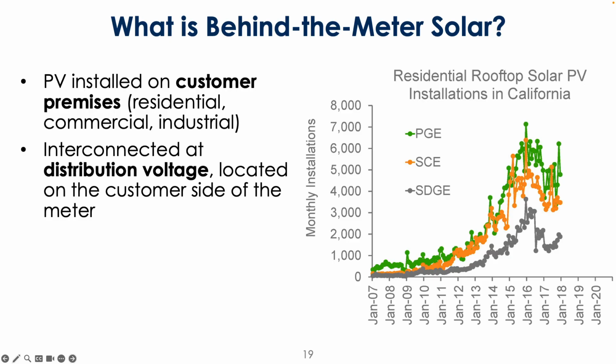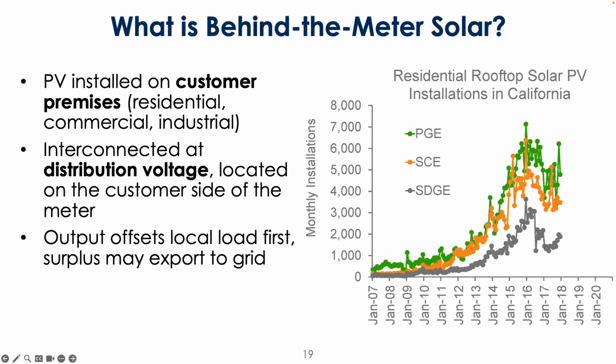So not utility scale. This is all the stuff that's locally installed. It doesn't go through the transmission system. It starts at the distribution voltage and usually serves load within that distribution network. Some of it could get exported to the grid, but it is meant to offset local load first.